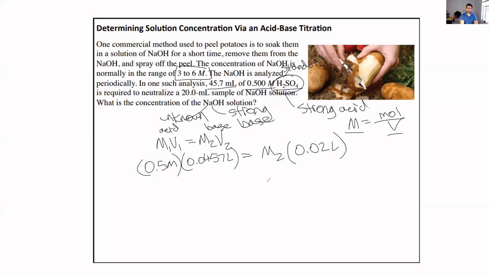All right. And there's one more thing we need to do, and this is something you always have to watch out for. Do you have a polyprotic acid or base? Because that's going to affect some things. So what I mean by that is, can your acid donate more than 1 proton per molecule, or can your base accept more than 1 proton per molecule?